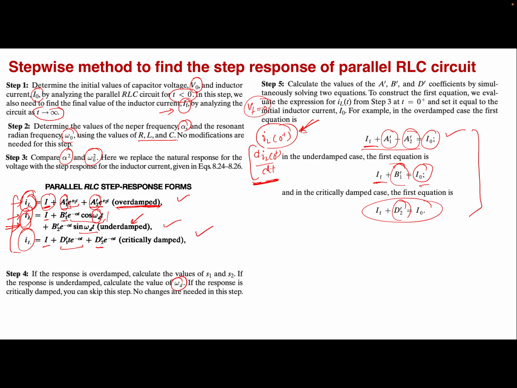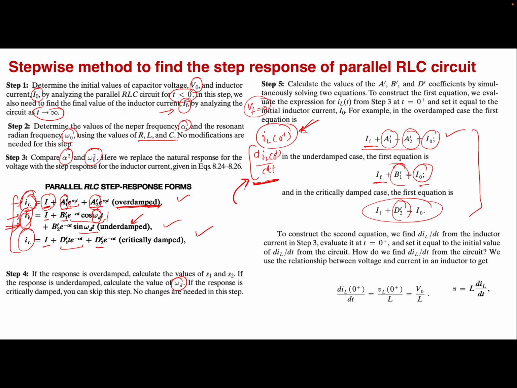For the second equation, you need to use this principle, dI at 0 positive by dt. And again, if you remember, we did that by equating two equations. One, we took the derivative of these currents at t equal to 0 positive, and we also solved a circuit. In terms of solving a circuit, you can use this identity, which is v equals L di by dt.